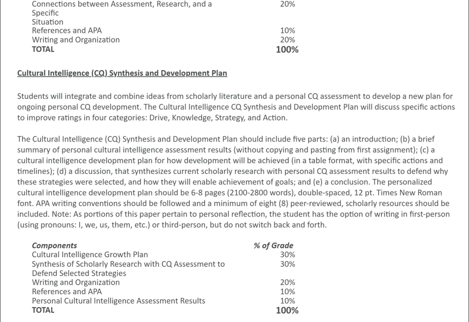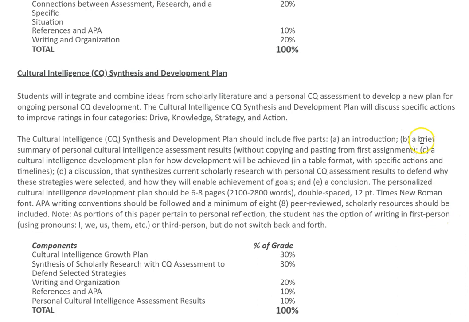It's even better if you're looking up what the experts are saying about cultural intelligence drive, and of course, your Boolean terms, cultural intelligence drive development is probably what I'd be using. And find out what the experts are saying. How do you develop your drive? What is drive? Why is it important? What are the experts saying are some activities that have been proven to help people develop their drive?